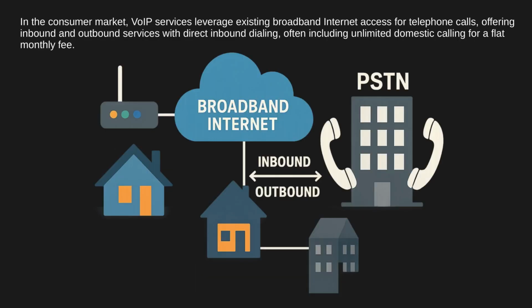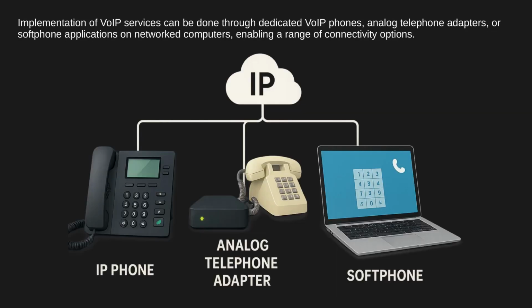In the consumer market, VoIP services leverage existing broadband Internet access for telephone calls, offering inbound and outbound services with direct inbound dialing, often including unlimited domestic calling for a flat monthly fee. Implementation of VoIP services can be done through dedicated VoIP phones, analog telephone adapters, or soft phone applications on networked computers, enabling a range of connectivity options.